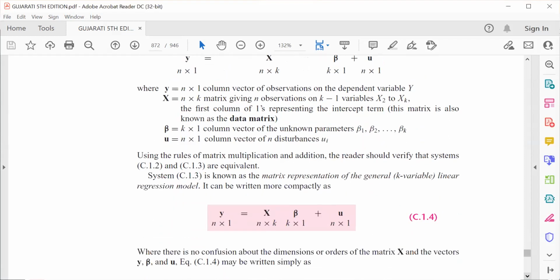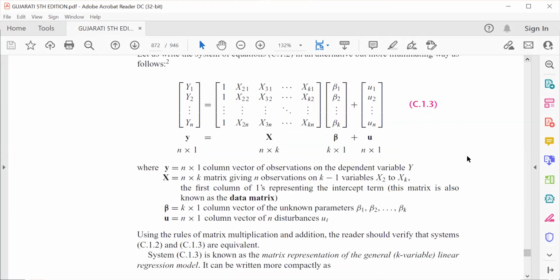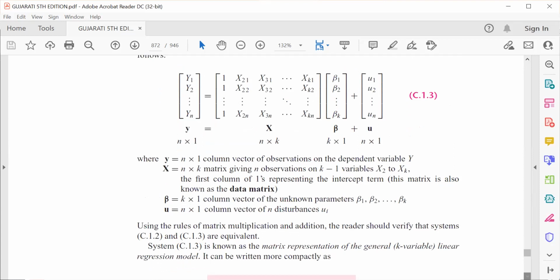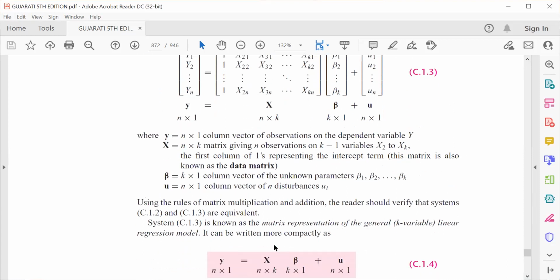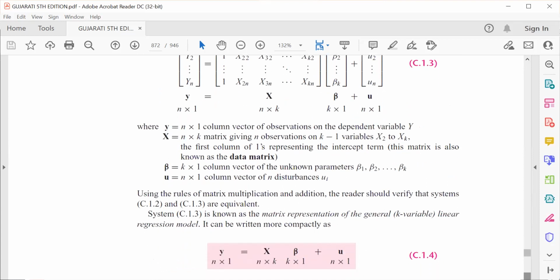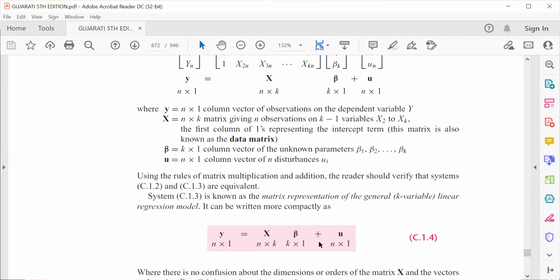From equation C13, we can write it compactly like this, C14: Y is equal to X beta plus residuals. This is the multiple regression model in matrix notation.